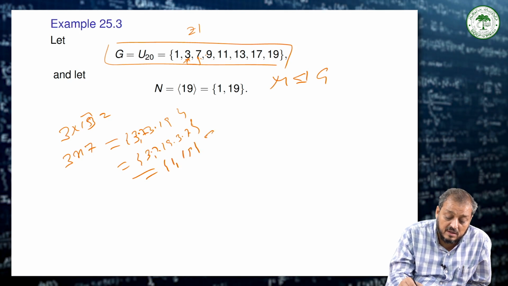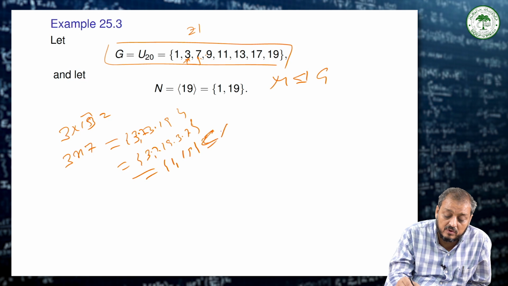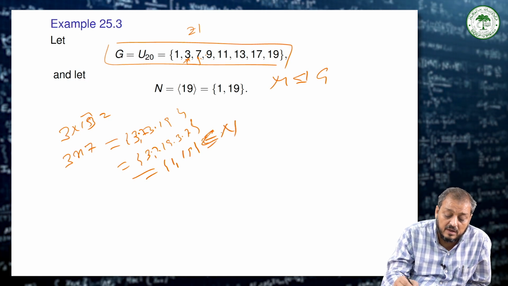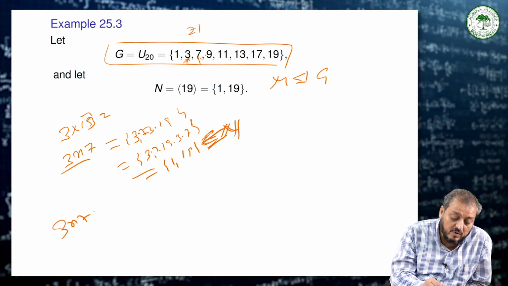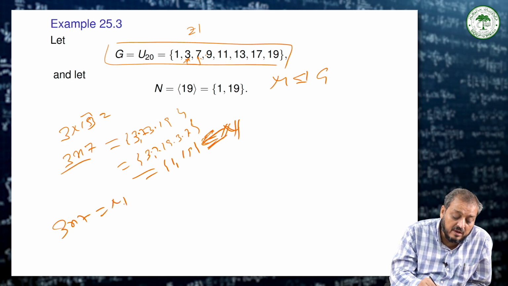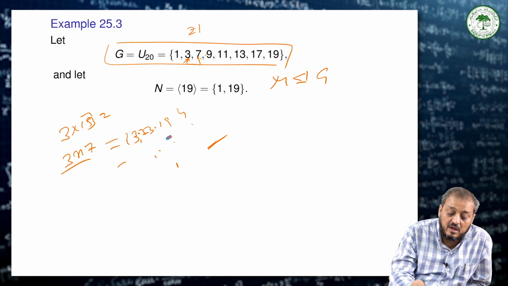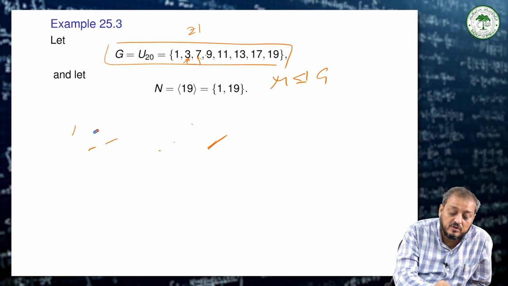Clearly this belongs to N, and this is the same as N. So you can take 3 and 7, and then clearly you can verify all the elements in this form.